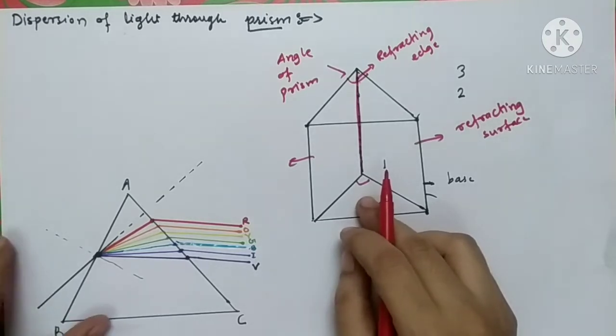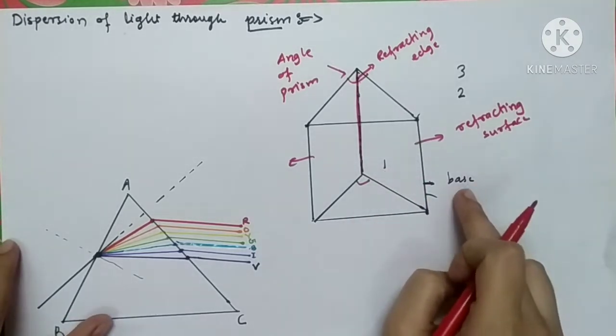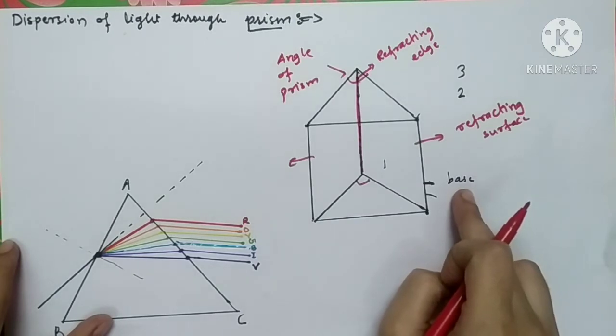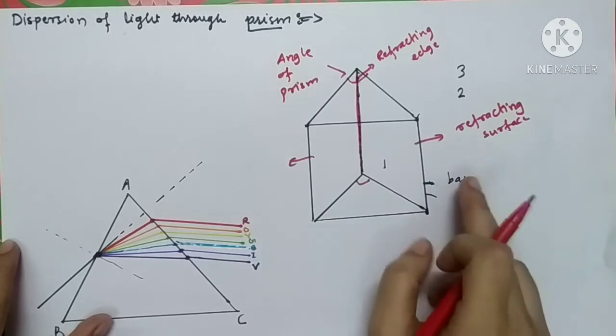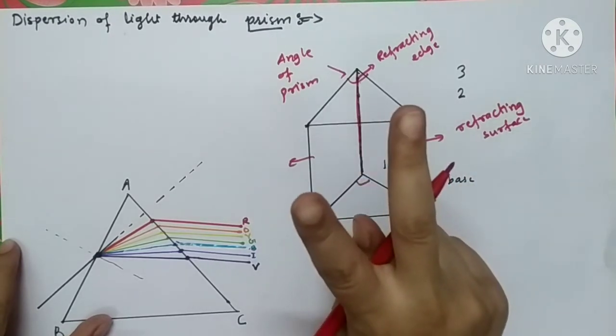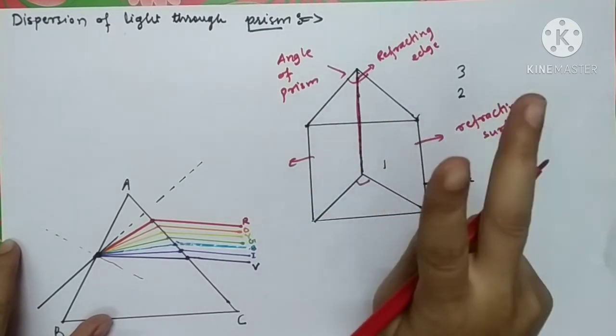So how many parts have we studied? The base of a prism, which is a rectangular surface that is not going to take part in the process of refraction. At a time only two surfaces are going to take part in the process of refraction.